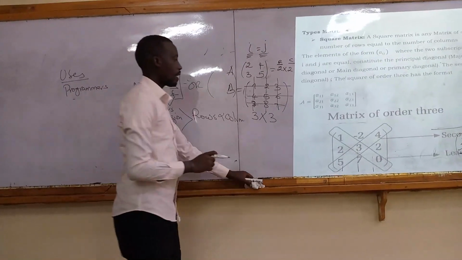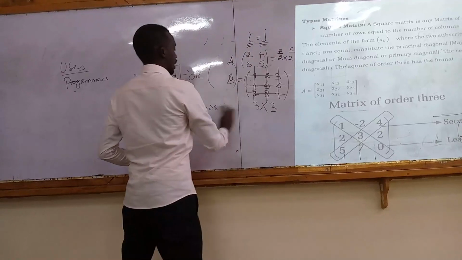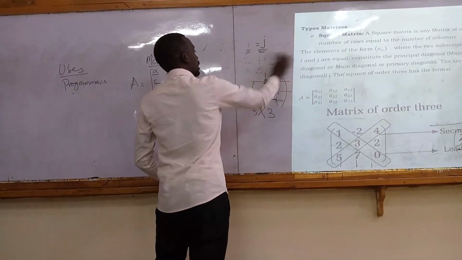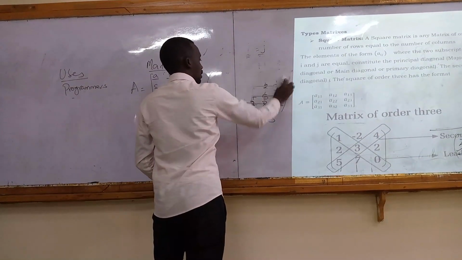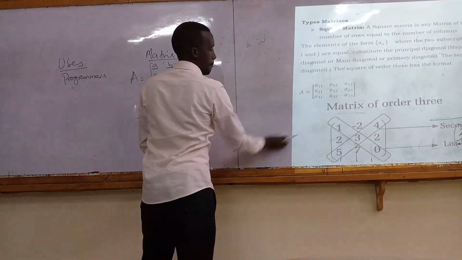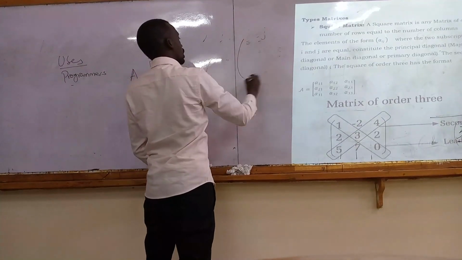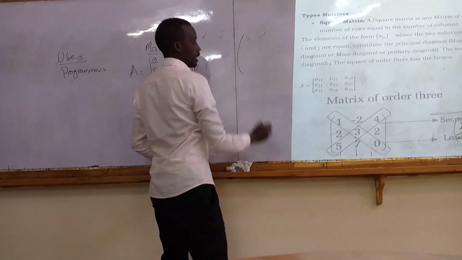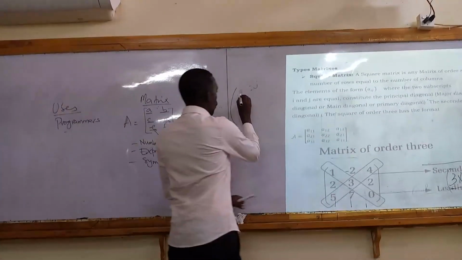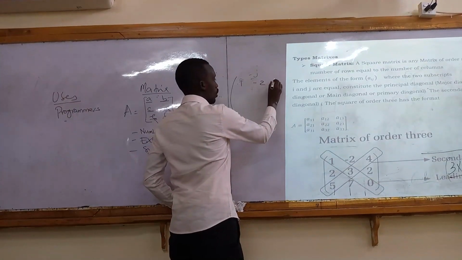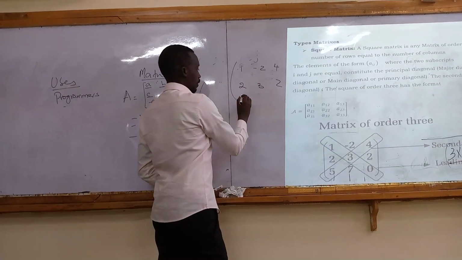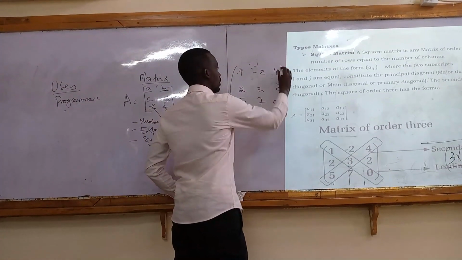So, within a matrix, there is what we call the leading elements. When we have our matrix here, for example, take this one, a matrix of order 3: 1, -2, 4, 2, 3, 2, 5, 7, and 0.